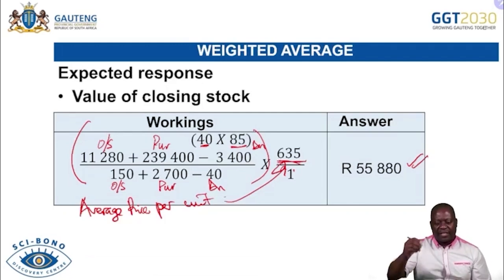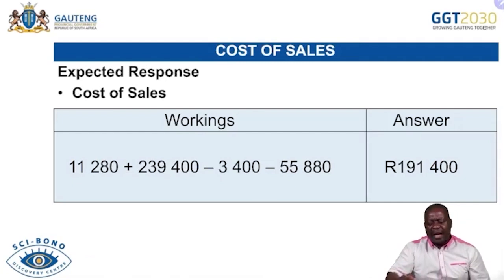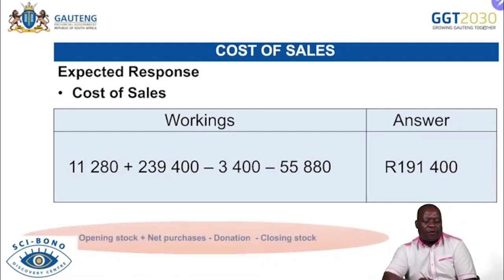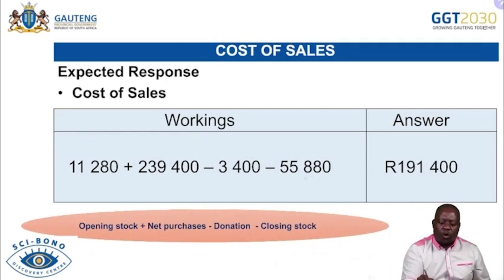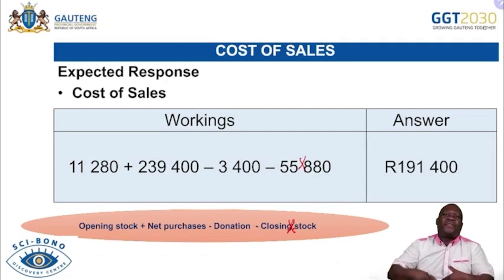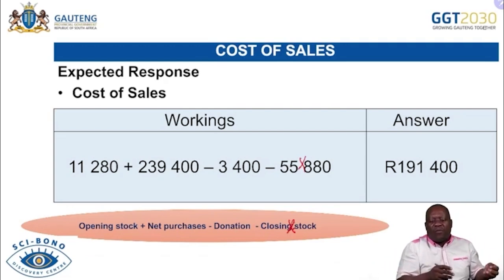Next, let's find cost of sales. Now, when it comes to this, there is a formula. Very important. There is a formula. And this formula, remember, after having your closing stock, which is exactly this item, whichever method you use, you have it now. We are now finding cost of sales.